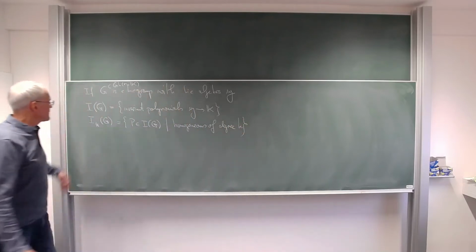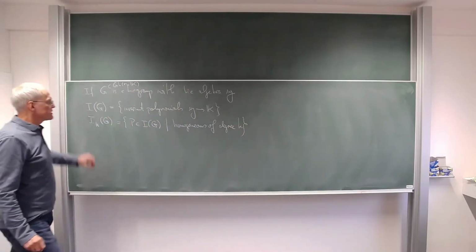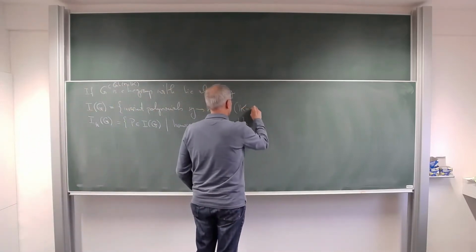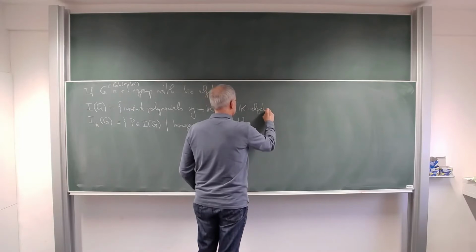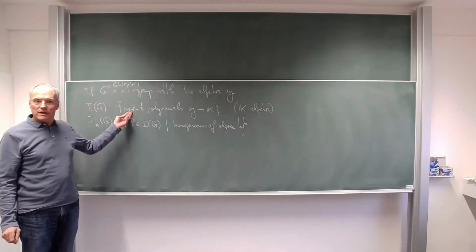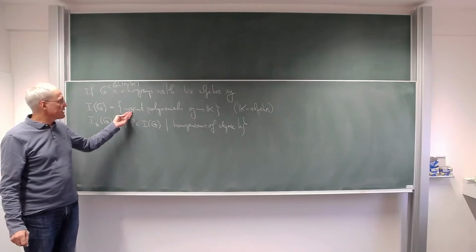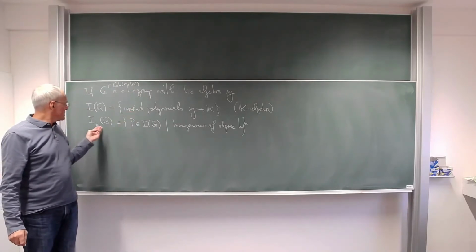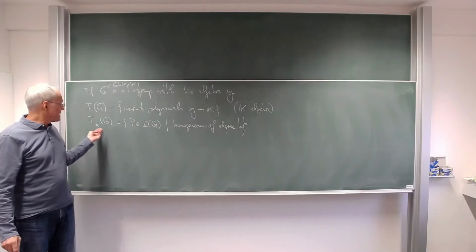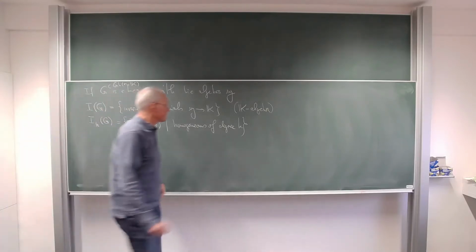Alright, so the first thing here, this thing, that's actually an algebra, right? So that's a K-algebra, because if you add or multiply two invariant polynomials, you get an invariant polynomial. And here you cannot multiply because the degree is fixed, but you can still add. So that's a K-vector space.